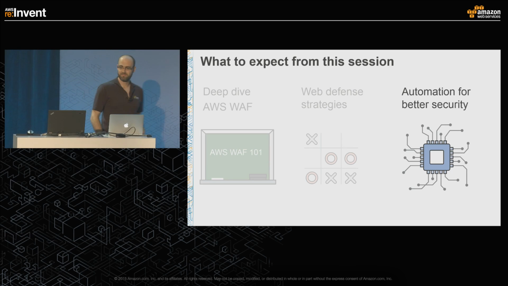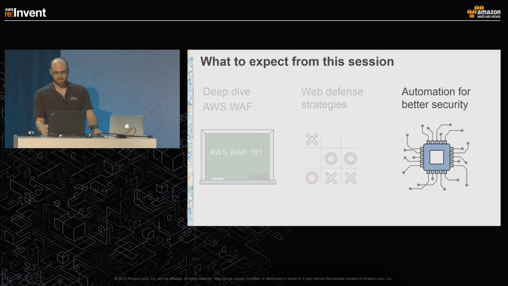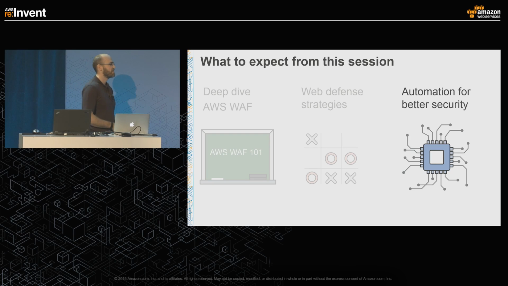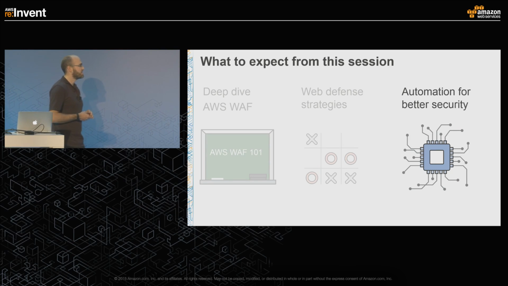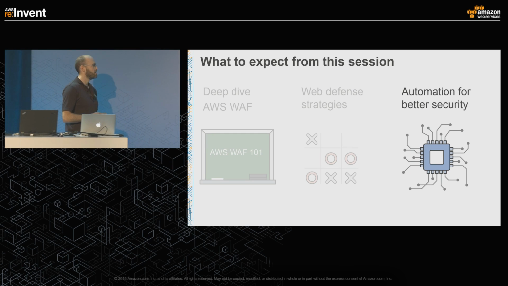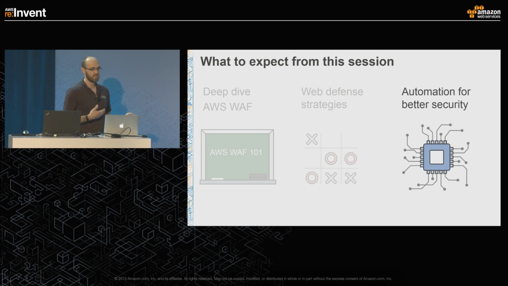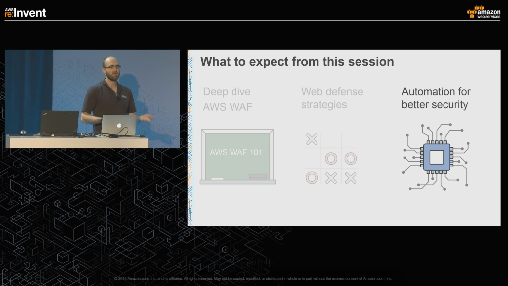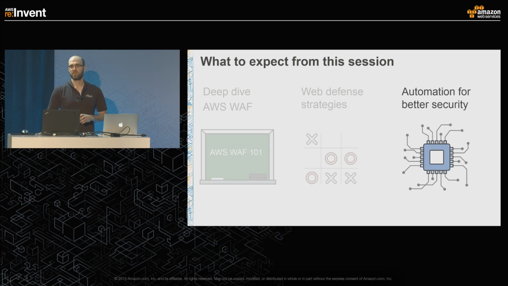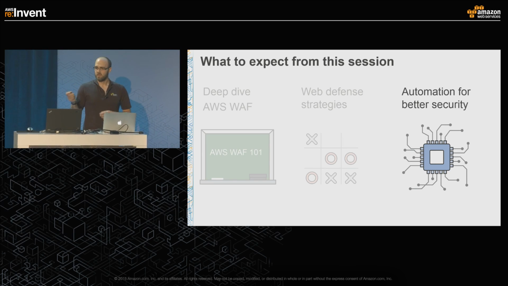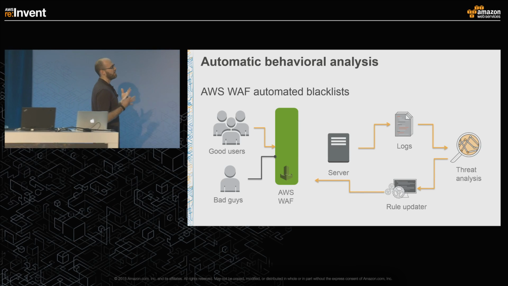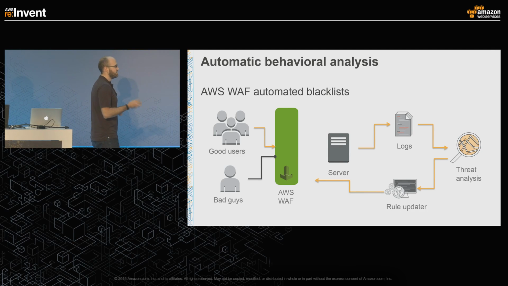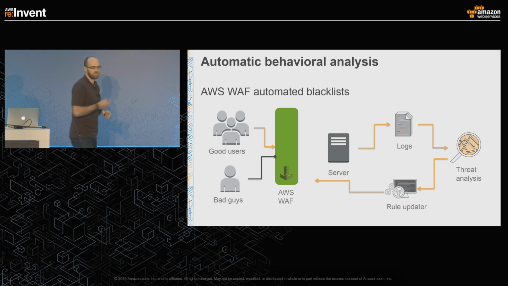All right, I'm back. So we talked a lot about some of the static policy configuration, but I mentioned at the beginning that in talking to customers, I got to learn about a number of use cases where automation is becoming an emerging trend when it comes to web security. And even inside of Amazon, there's a really common pattern that I've seen over and over again, and it looks a lot like this.